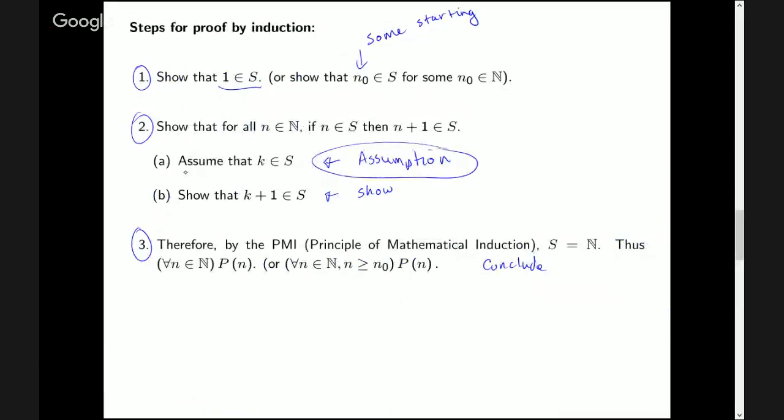The assumption step is assume that, so we would write this as: assume there exists an n in the naturals, n bigger than 1, such that P of n is true. That's your assumption step. And then you have to show P of n plus 1 is true.